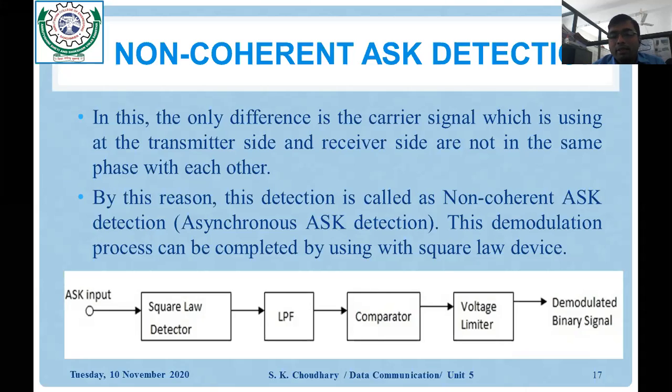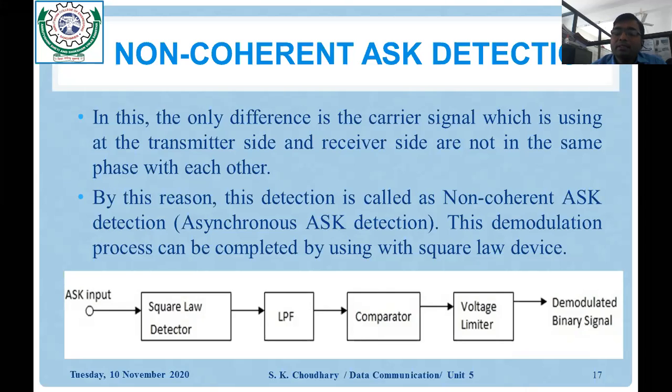Finally, the output of the low pass filter is a binary signal with two voltage levels, which is passed through the comparator. The output of the comparator has binary values, the same as the transmitted signal.